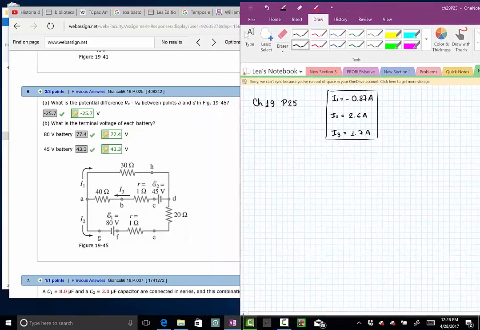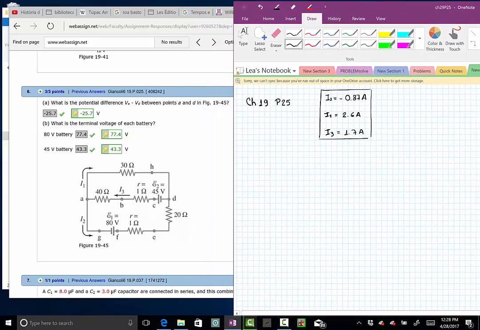So the first question is: what is the potential difference VA minus VD? I start in A. Between A and D, well, you know that D and H is the same thing, right?